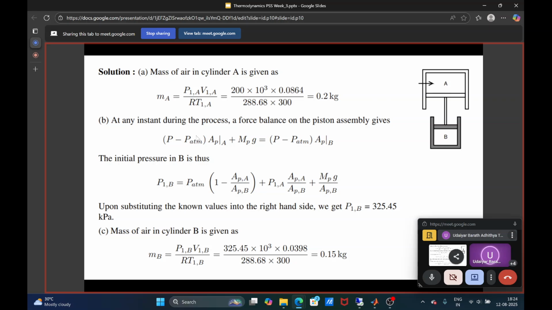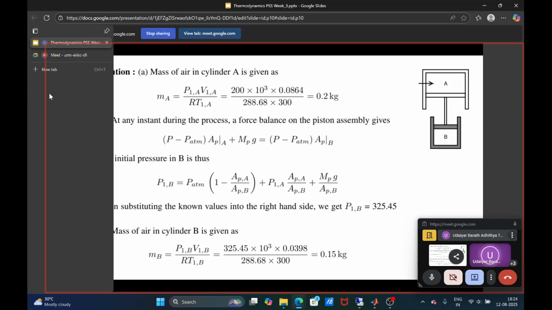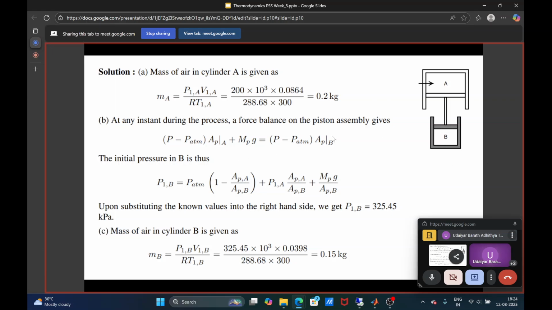So (P minus P atmosphere) into the area of the piston for cylinder A, plus the weight of the piston, which is balanced by the upward force in cylinder B. So you have the pressure in cylinder B minus the atmospheric pressure, into the area of cylinder B. With this we need to find out the next, which is the initial pressure in cylinder B.